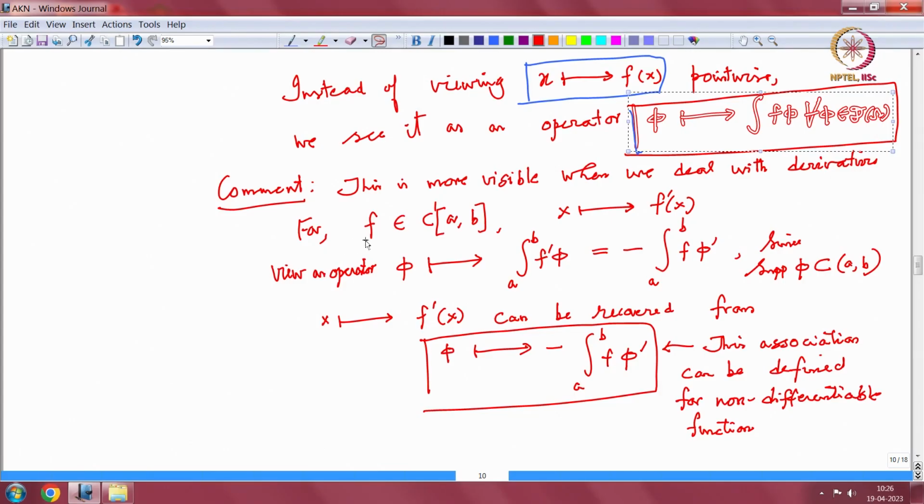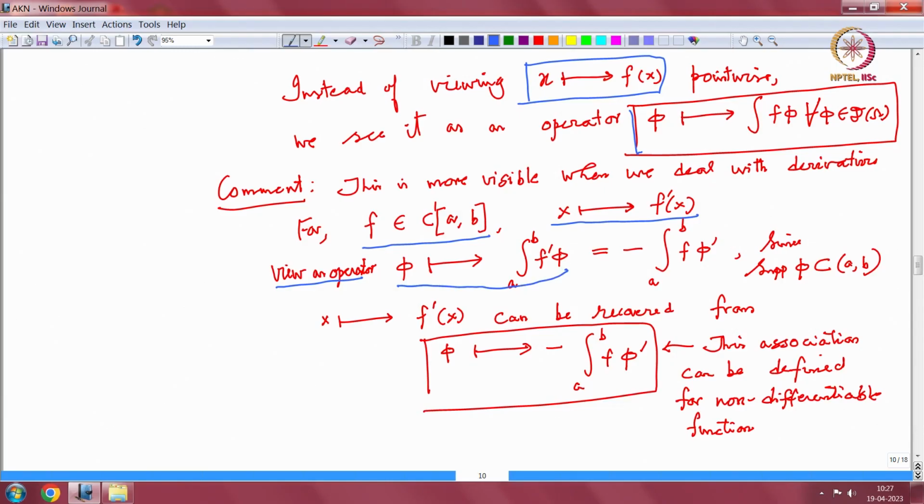So, we start with a function f which is C1. As a pointwise association, you have x going to f prime of x. But now we view it as an operator, namely phi going to the integral from a to b of f prime phi.